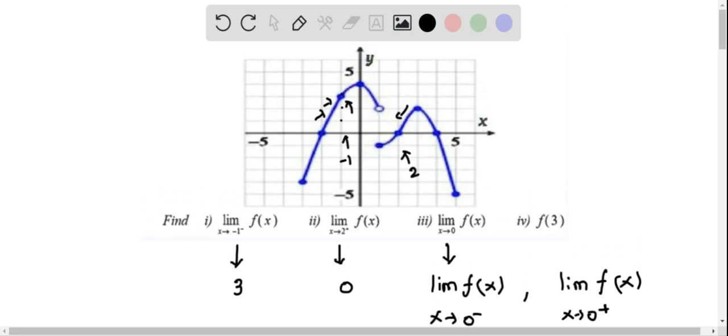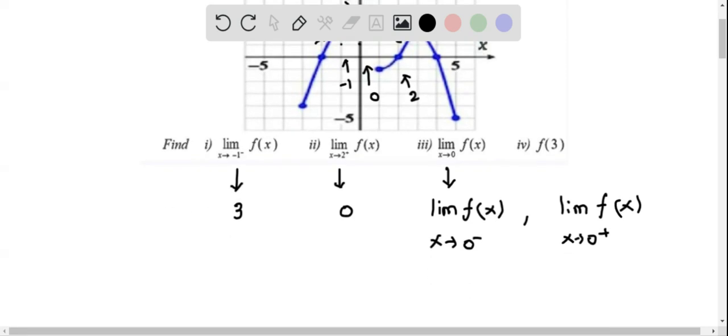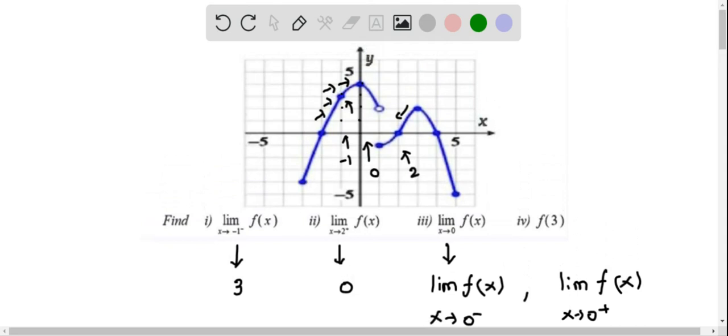So now let's look at this graph. When x approaches 0, this is x equal to 0. We see that the function is approaching 1, 2, 3, 4. It is approaching 4 when x approaches 0 from the left, and we will now see when x approaches 0 from the right, that is towards this direction.